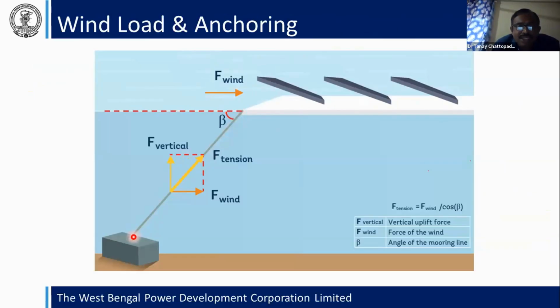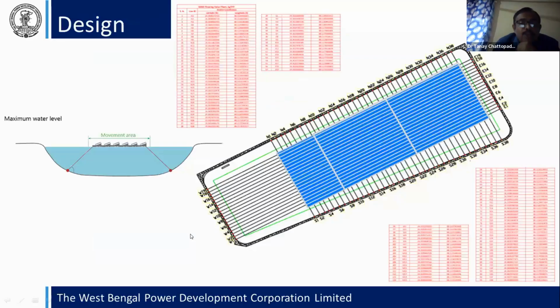This tension has vector components, vertical and horizontal, where the vertical component is balanced by the total array system and the wind load. By considering this, we calculate the total platform tension for the 5 megawatt floating solar design we made.